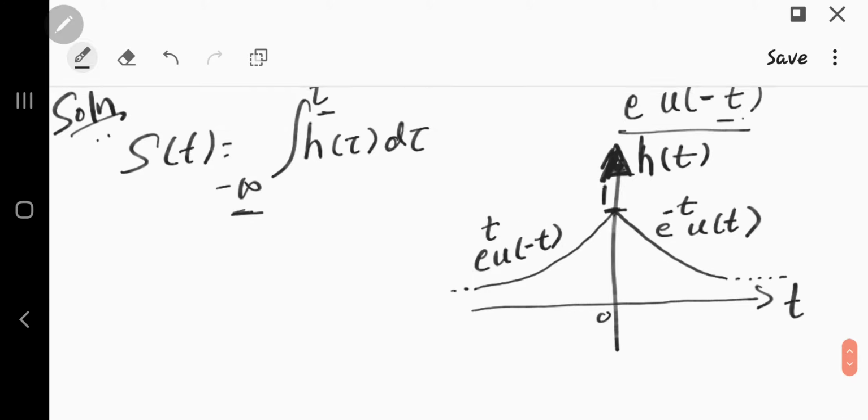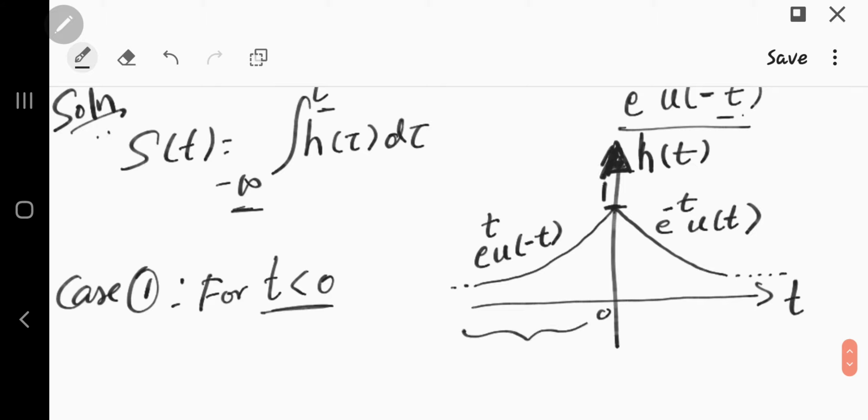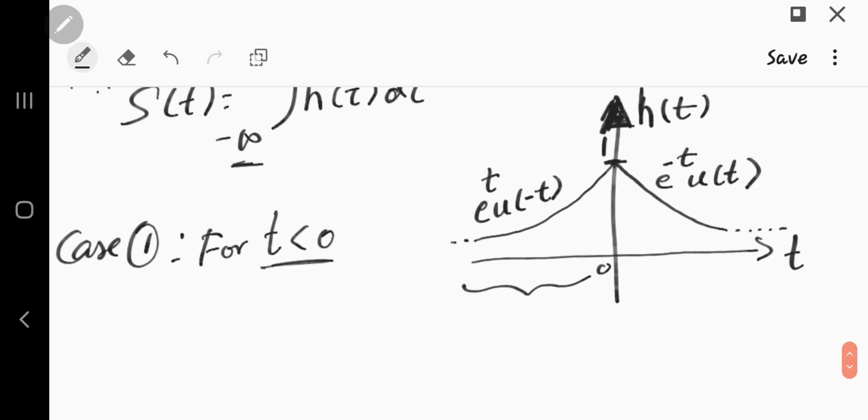So, first case, for case 1, for t less than 0. So, for t less than 0, you observe this is the part here. We have a signal e power t u of minus t here. So, let us go for it.